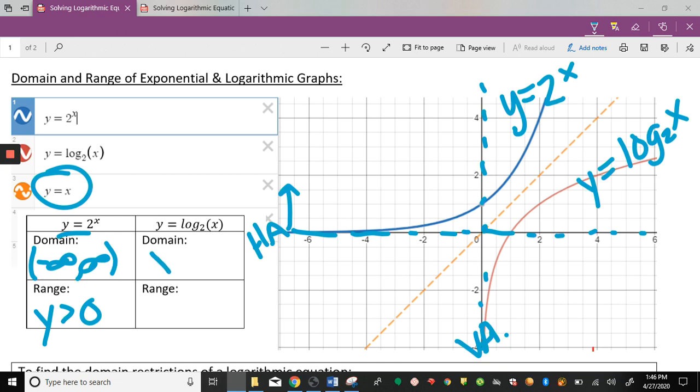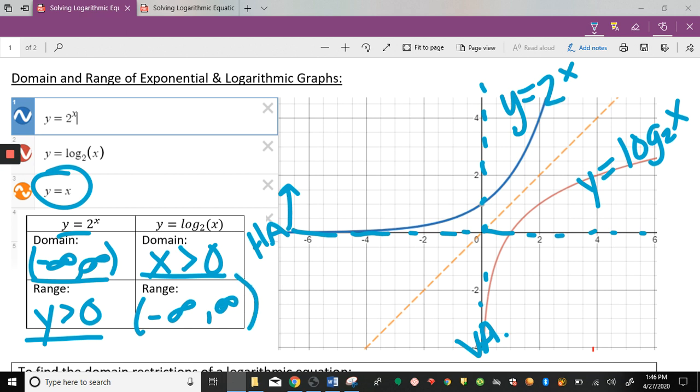So domain, we use x, and x will always be greater than 0. All right, and hopefully you're noticing these are flip-flops of each other, just with x versus y. And also, what about range? I'm hoping you notice these should be flip-flops as well, but as you can see, the log function will go up forever and down forever other than meeting that asymptote for the domain. So your range will be all real numbers.